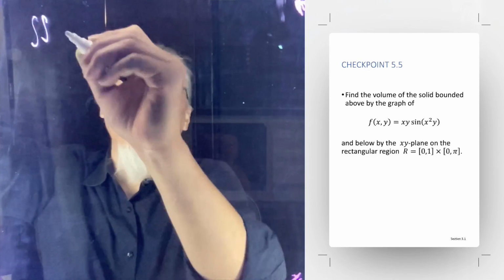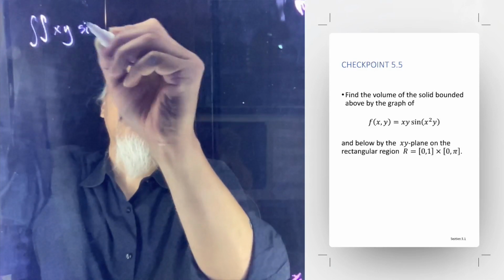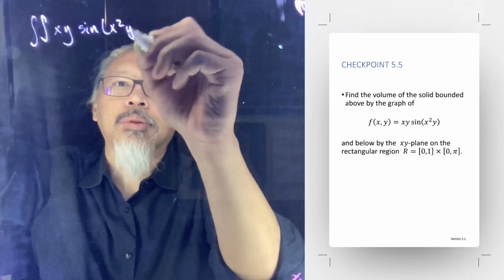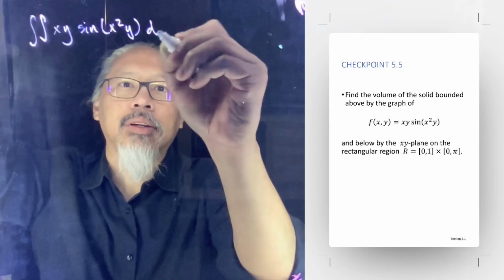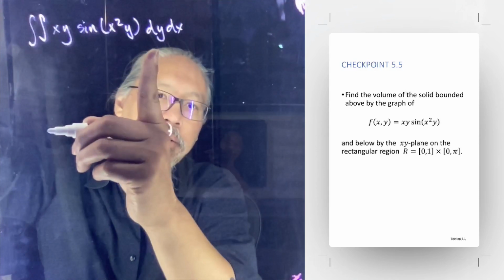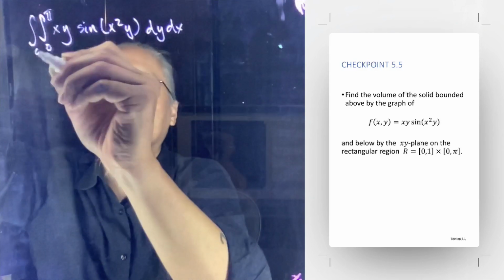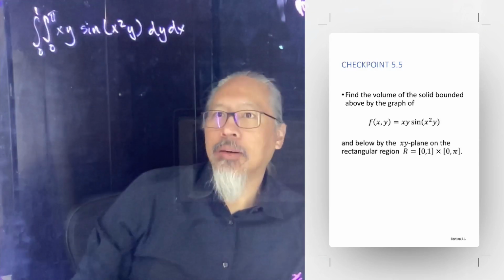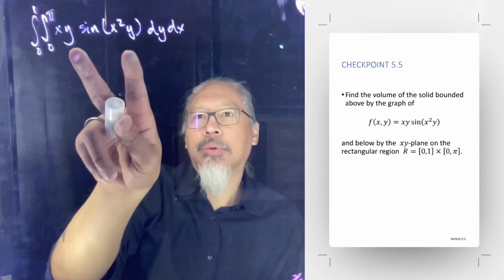So we have xy sine x squared times y, and if we integrate with respect to y first, and then with respect to x, our y limits go from 0 to pi, and our x limits go from 0 to 1.